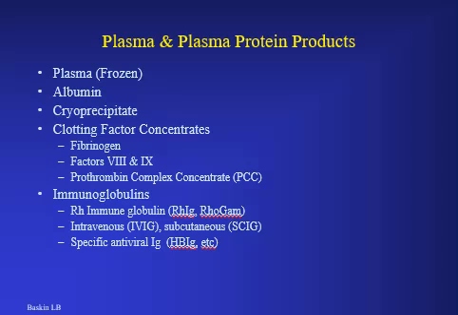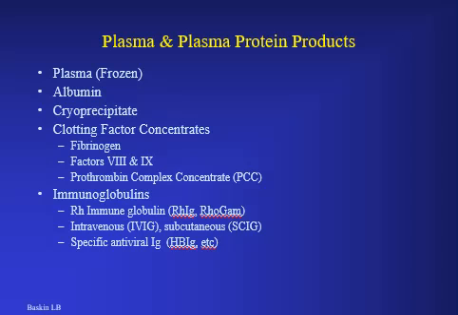I want to turn to the plasma and plasma protein products, and there's lots of these out there, and there are more all the time. Of course, we mentioned there's plasma that's been frozen and then thawed. It can only be labeled fresh frozen plasma if it's used within 24 hours of thawing, and after that it's good for another, I believe, 4 days.